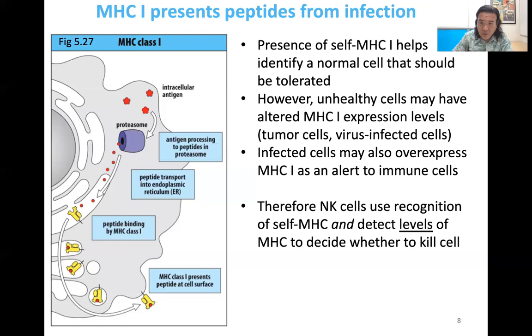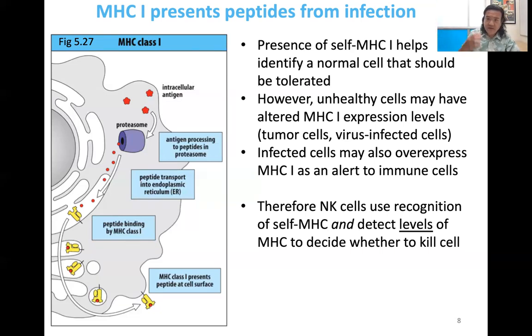They might be either overexpressed or underexpressed. So NK cells, several of the different NK cell receptor types that an NK cell might have, are geared towards just binding to and evaluating, right, how much MHC protein is on the surface of a cell that the NK cell synapses with.